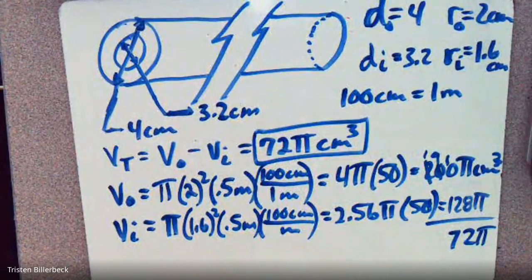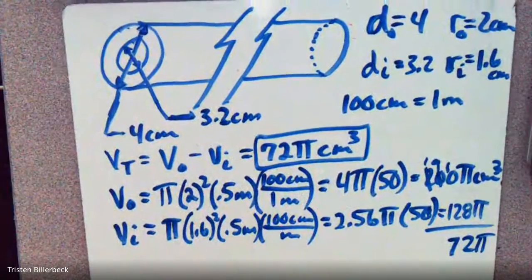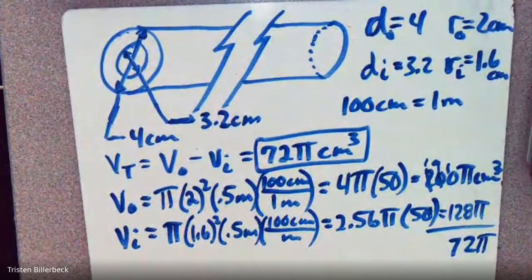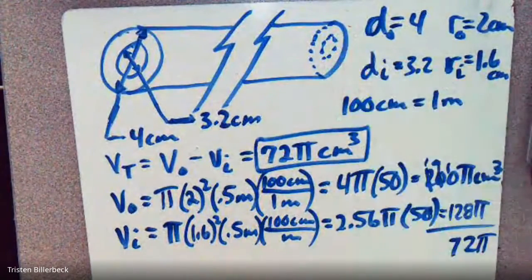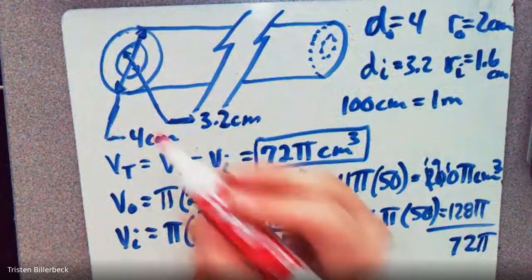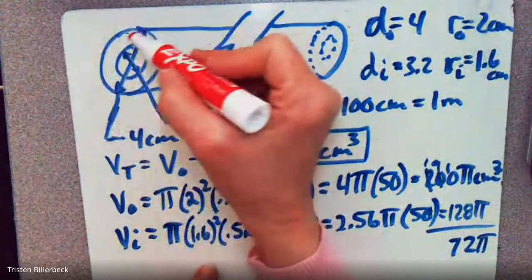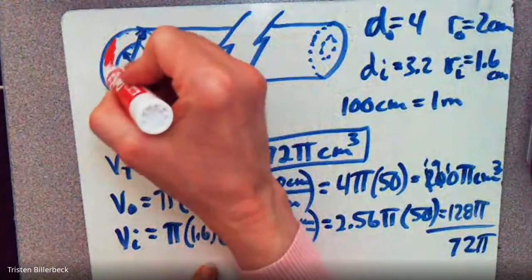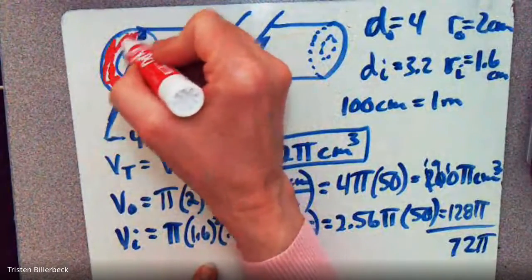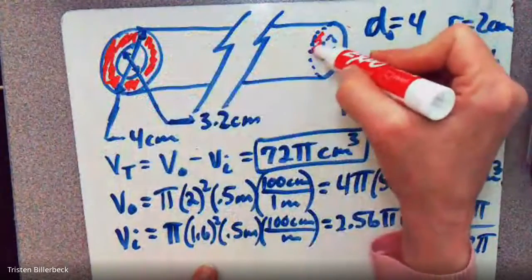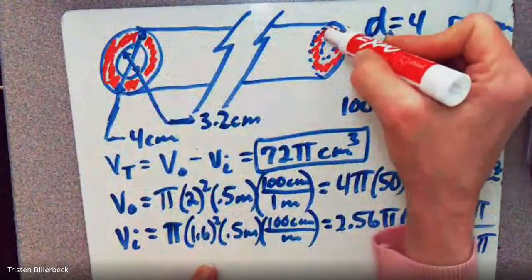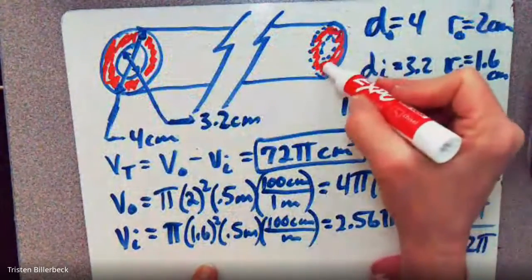Okay, so the next one's find the total surface area of the pipe. Wow, that's asking a lot, isn't it? All right, so what we are trying to find then is we have this little annulus portion right here that we had to find that surface area and this little surface area here. So we have 2 annuli to find.